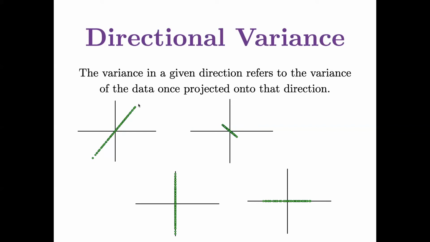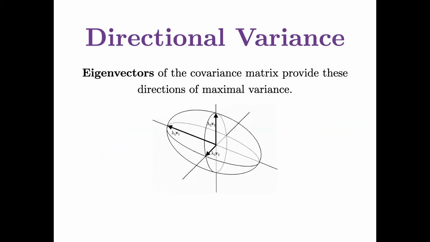Now, it turns out that eigenvectors of the covariance matrix will provide these directions of maximal variance. You'll recall from our 90-minute primer that any elliptical distribution is defined by a mean, the center of it, and a covariance matrix. And that covariance matrix is what really determines the shape of that data cloud in space.